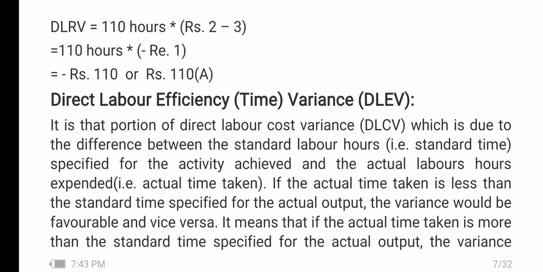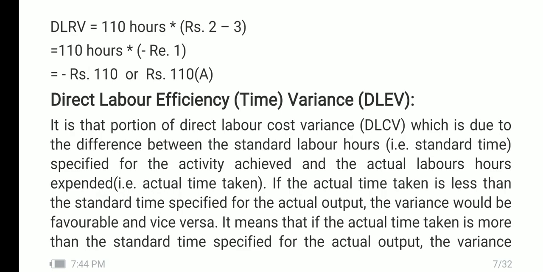Now let us consider direct labor efficiency variance, DLEV. It is also called direct labor time variance. It is that portion of direct labor cost variance, DLCV, which is due to the difference between the standard labor hours, that is standard time specified for the activity achieved, and the actual labor hours expended, that is actual time taken.